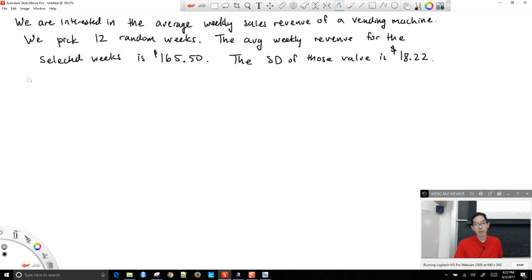So let's make a 90% confidence interval for the mean weekly sales in the population. So the population would be all weeks for this particular vending machine.